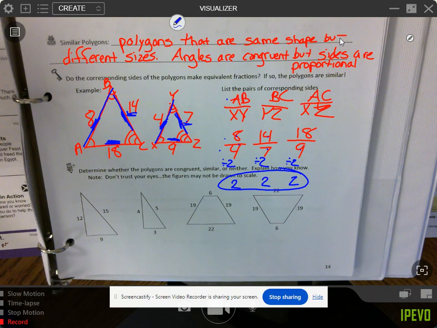So we know that it shrunk down proportionately. So we know it's proportionate, it must be a similar polygons. So in order to know for a fact, you have to do every single side. Did they all shrink down or grow at the same rate? Divide the top by the bottom.